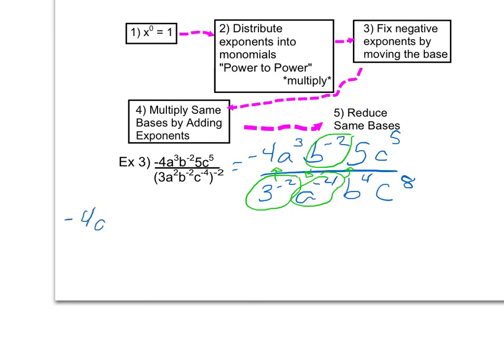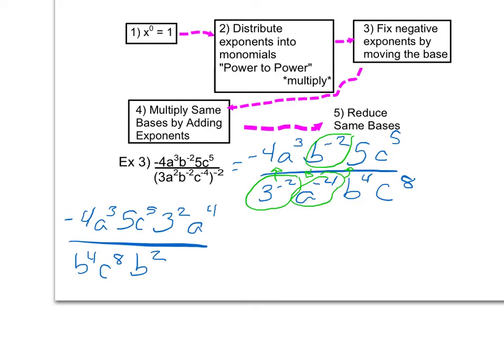-4 a cubed c to the 5th, and then the 3 comes up and the a comes up. On the bottom, I still have b to the 4th, I still have c to the 8th, and then b squared comes down. Now that I fixed my negative exponents, I can multiply. I know that 3 squared, so I know I have -4 times 5, which is -20.